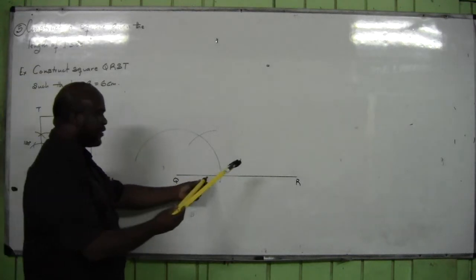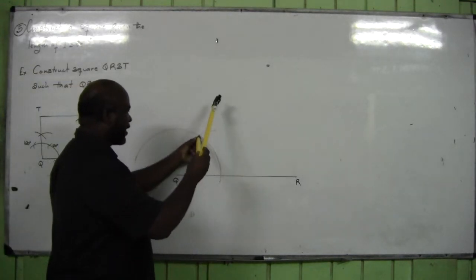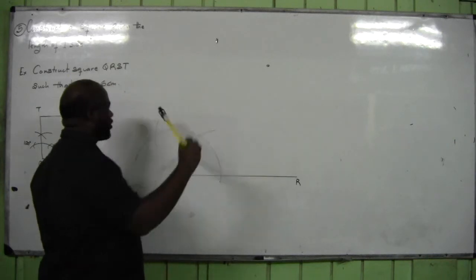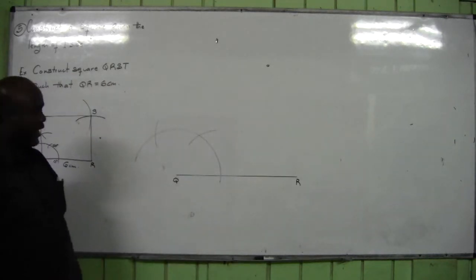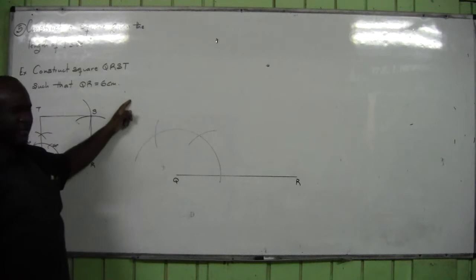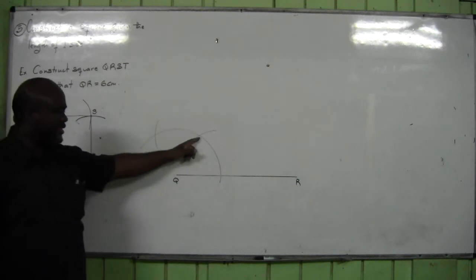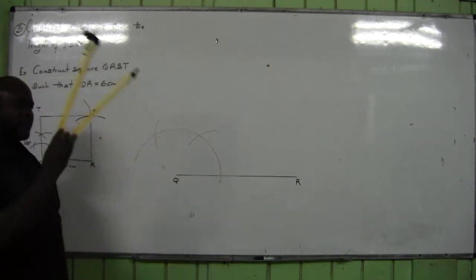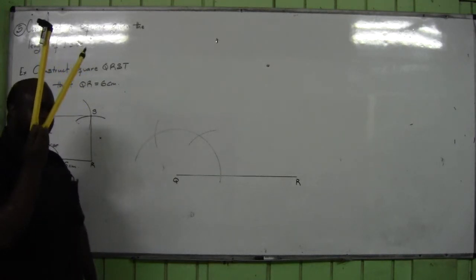Alright, I move the metal tip up from 0 and put it at 60 degrees and I scribe a third arc to cut the first arc. A line from Q through here will give me 120. 90 would be in the middle between 60 and 120. Up to now, my compass doesn't shift.